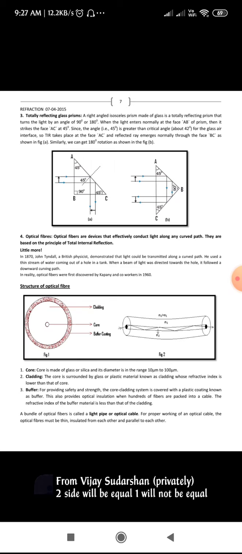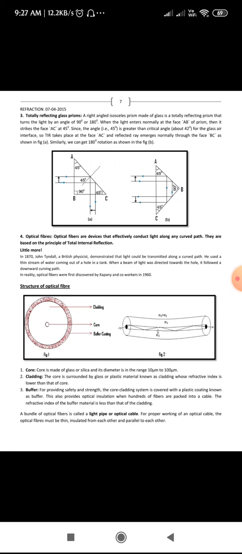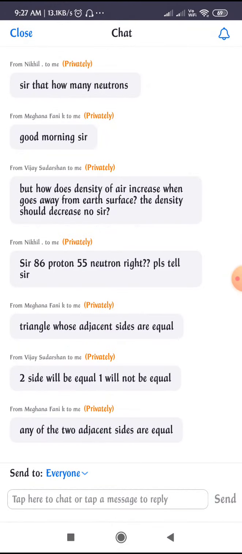A triangle whose adjacent sides are equal. Fine. Two sides will be equal, one will not be equal. Any two adjacent sides are equal.